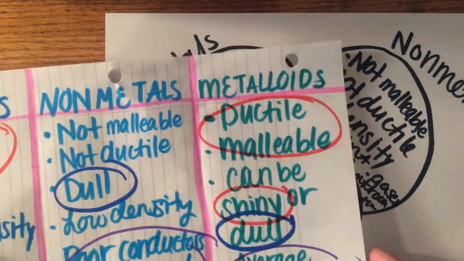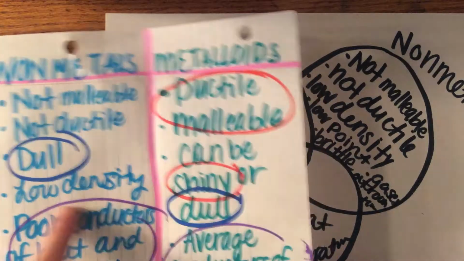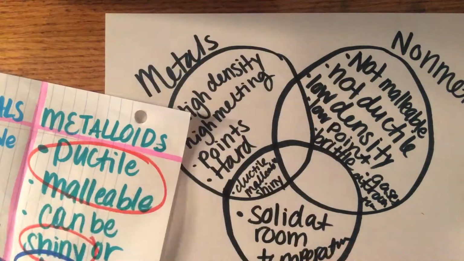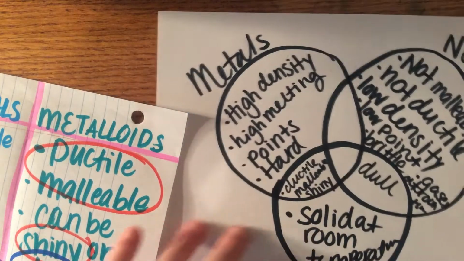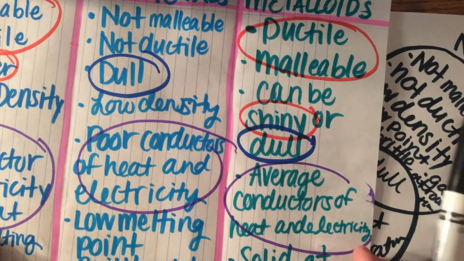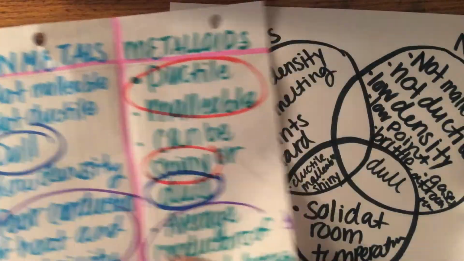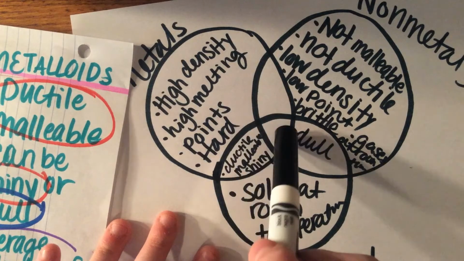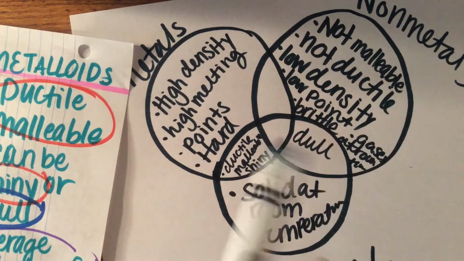Now we will look and see which ones we circled for nonmetals and metalloids. And it looks like the only one is that they can be dull. And now we will look at what we circled for all three, which was conducting electricity, and we will put it in this center one since it encompasses all of these elements.